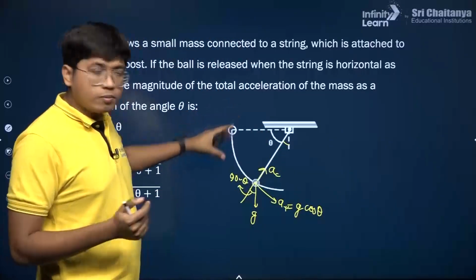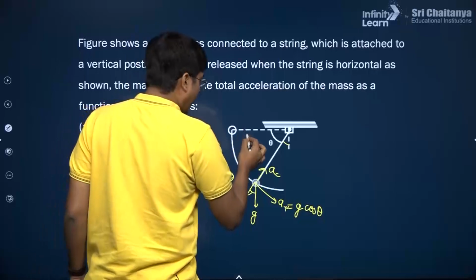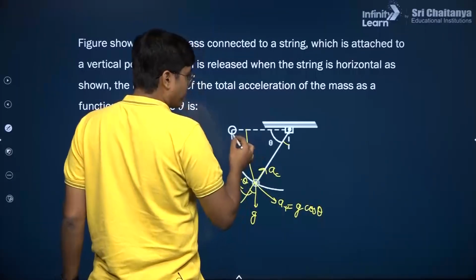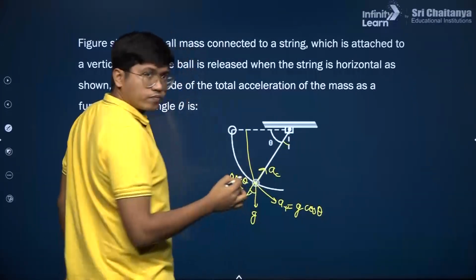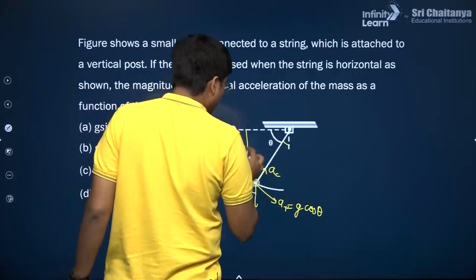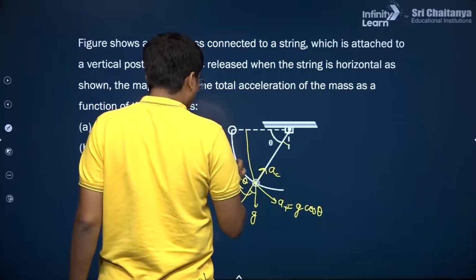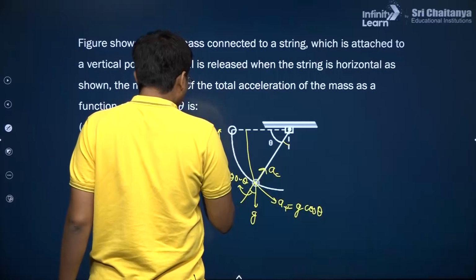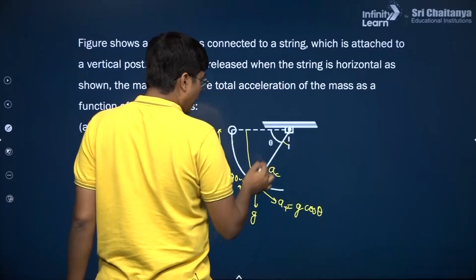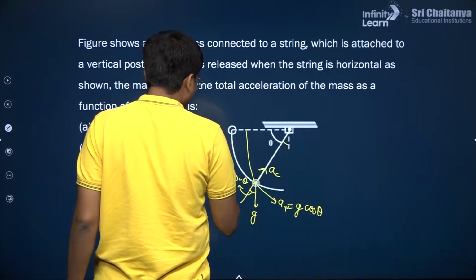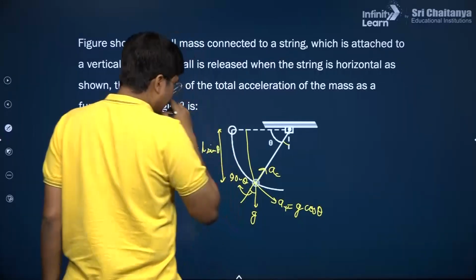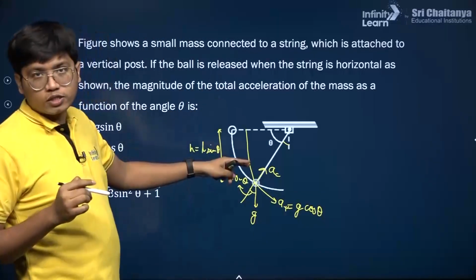Since it's released from this point, I know that the height it goes down by is this height, which in this triangle, if you see in this triangle, this h is equal to L sine theta. That is the height it goes down by.